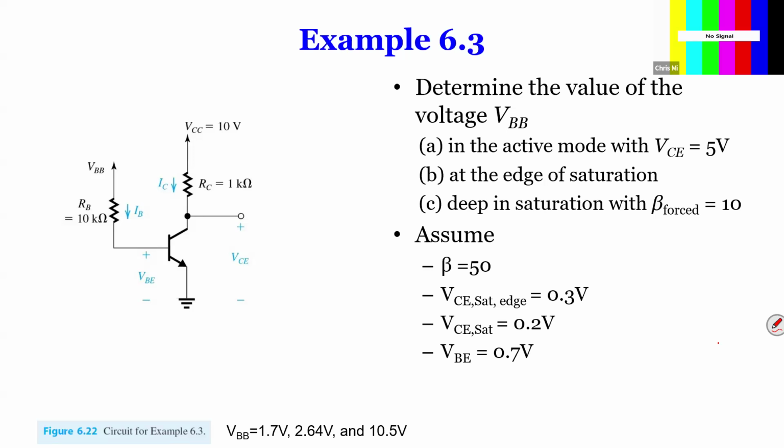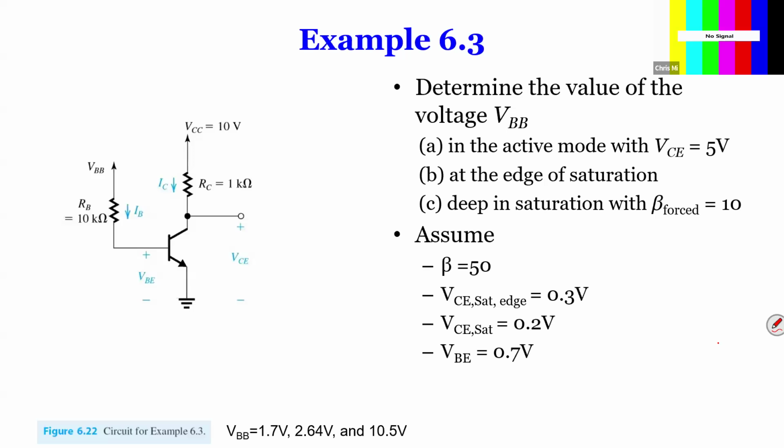And B, at the edge of saturation. What does it mean? The edge of saturation means it's right between the linear mode and the saturation mode, it's on the edge, which means VCE is 0.3 volts. So VCE at the saturation edge is 0.3 volts.